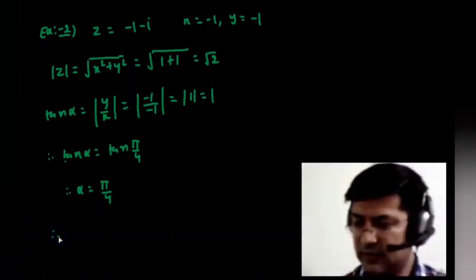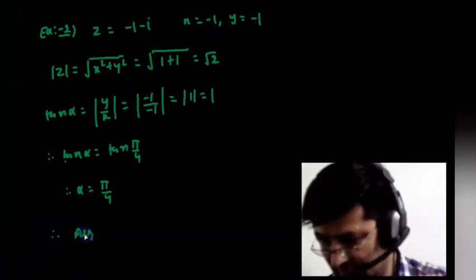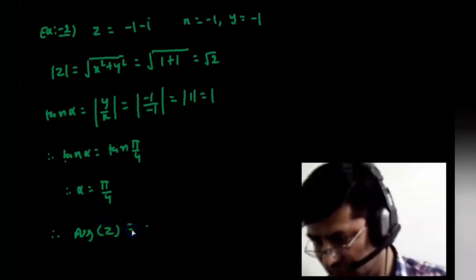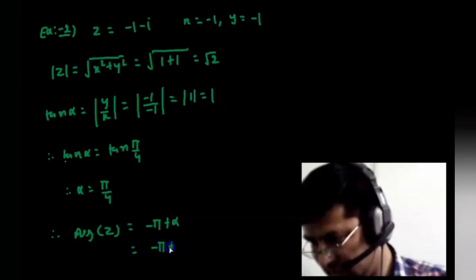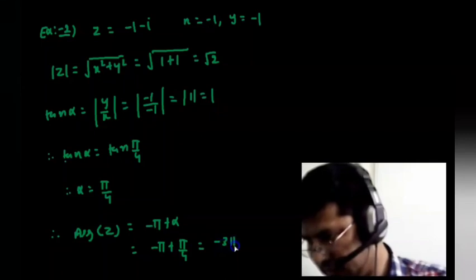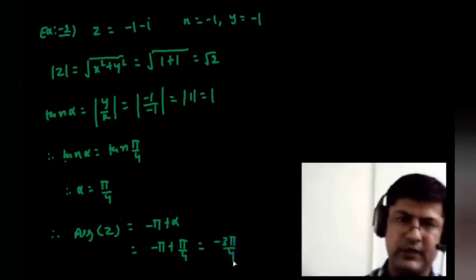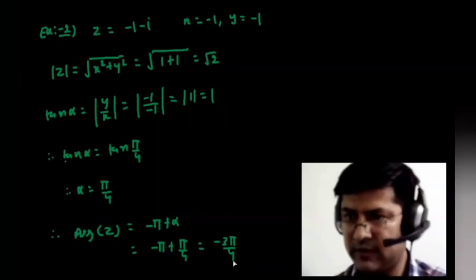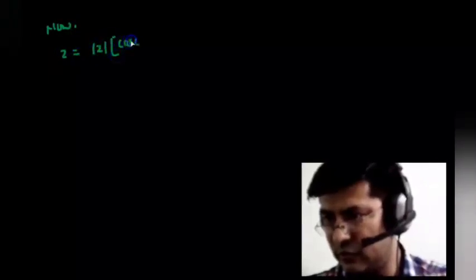Since x and y both are negative, the argument of z is equal to minus pi plus alpha in the third quadrant: minus pi plus pi by 4, which is minus 3 pi by 4. So we obtained the argument. Now we can convert the complex number into the polar form. Z is equal to modulus of z into cos theta plus i sin theta.